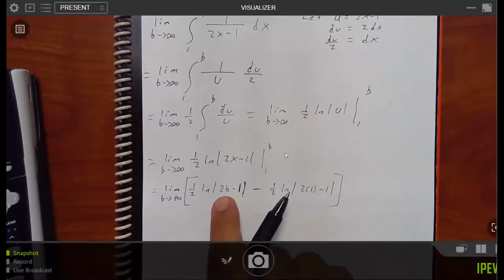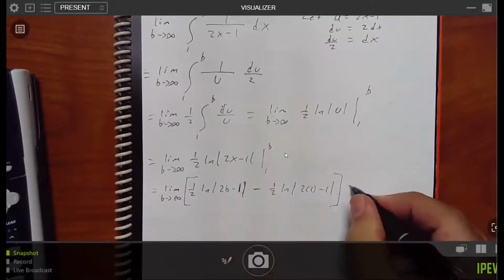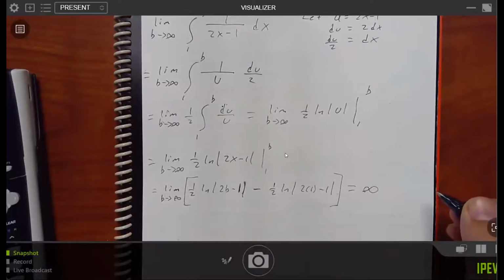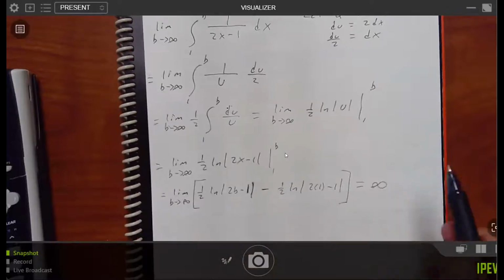Like b is going to infinity, right? And infinity is inside the logarithm, so this isn't going to be finite. This just keeps getting larger and larger.